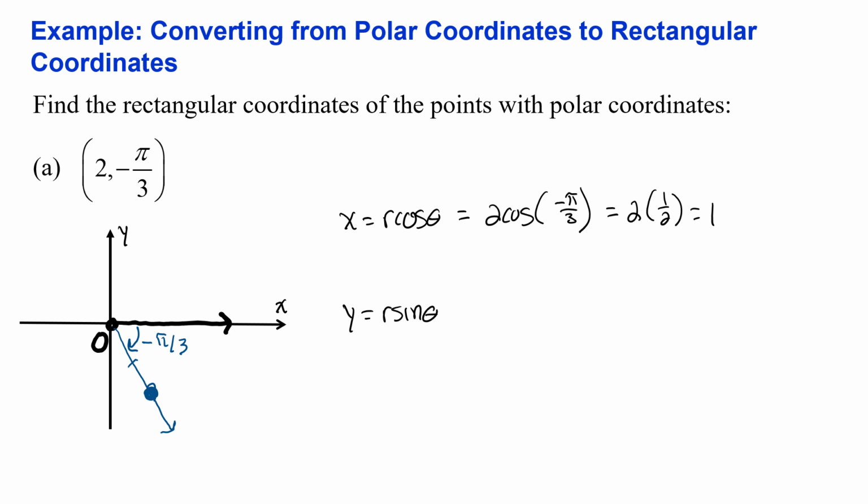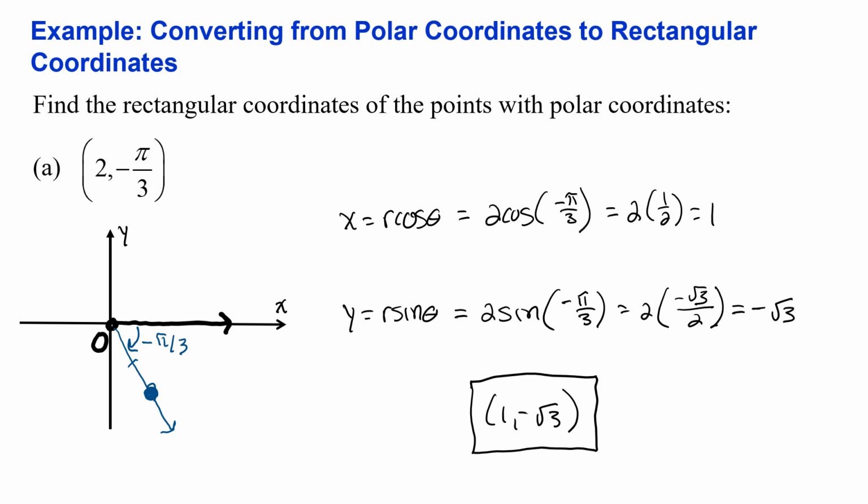Again, substituting in r equals 2 and theta equals negative pi over 3, we have 2 times sine of negative pi over 3, which equals 2 times the quantity negative square root of 3 divided by 2, that equals negative square root of 3. Therefore, the rectangular coordinates of the point P is the ordered pair 1, negative square root of 3.